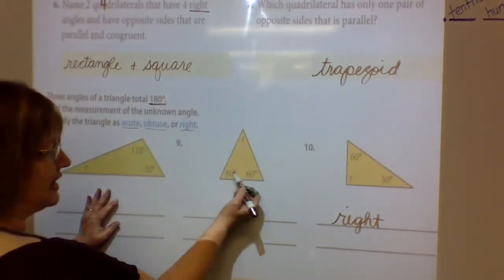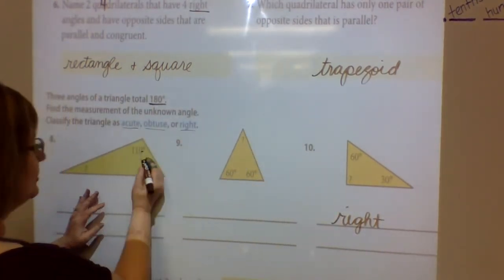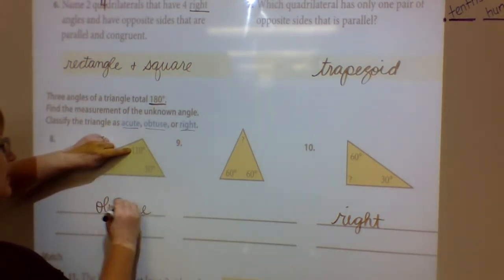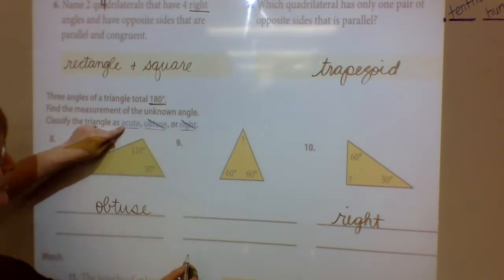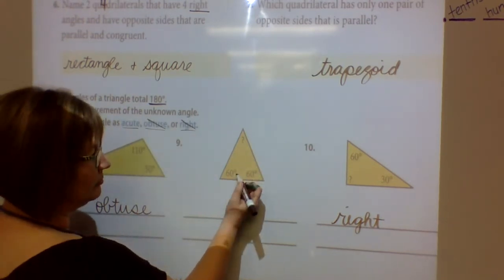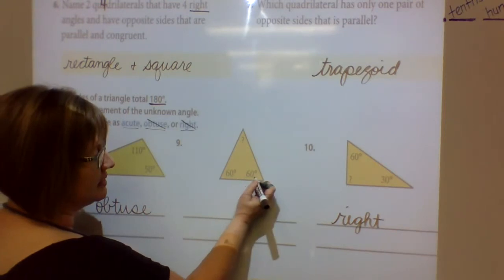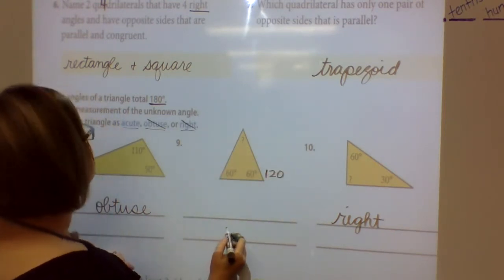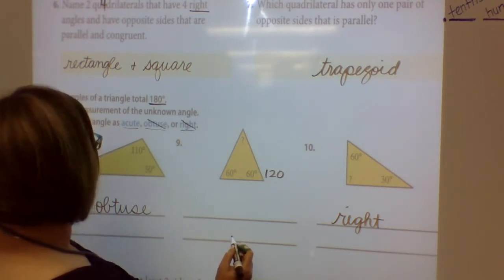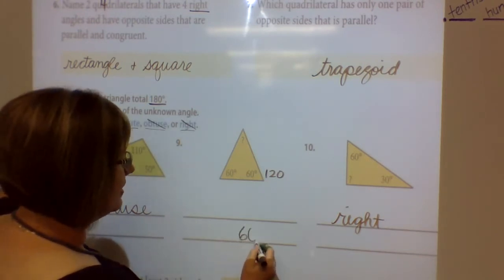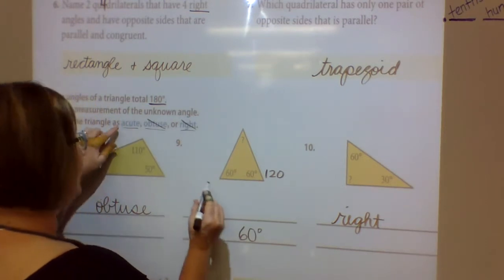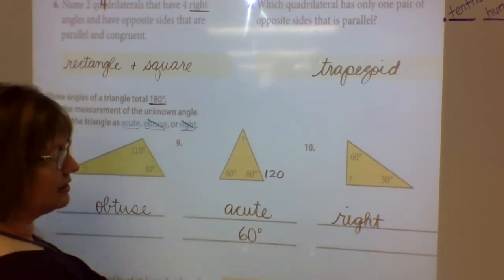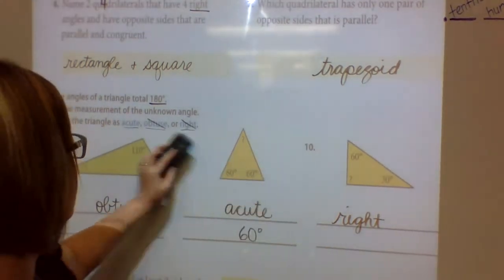This one has one that's bigger than 90, so it's obtuse, which only leaves us acute. If it has to equal 180, 60 plus 60 is 120. What's that one going to be? 60. So the unknown angle here is 60, and that makes this one an acute triangle because none of them are more than 90.